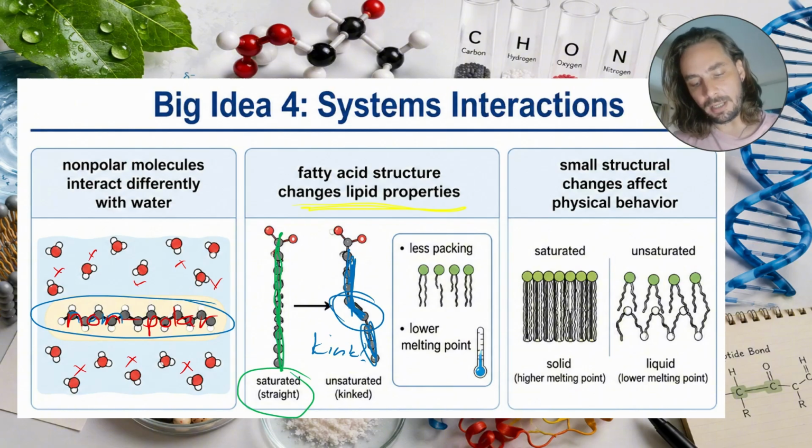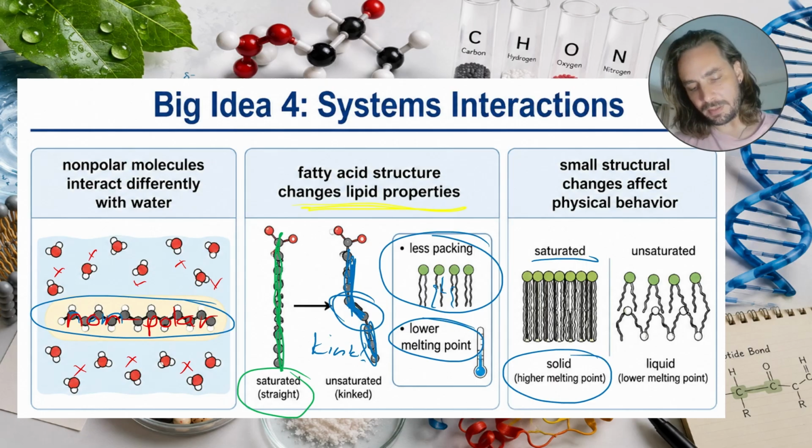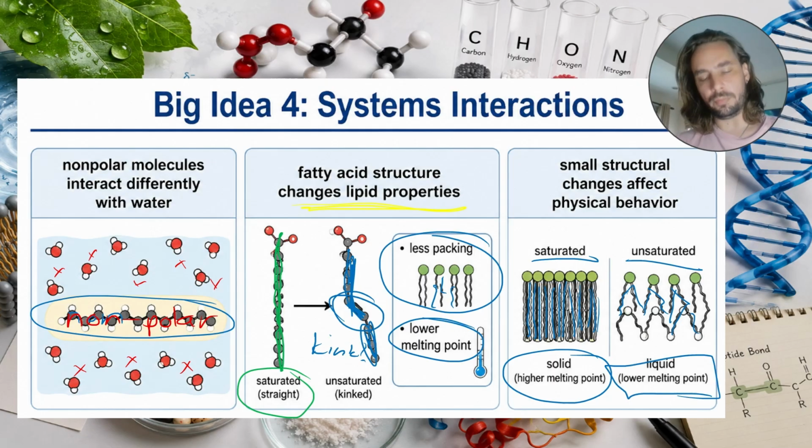If there is a kink, it means that they can't pack as closely together, and it has a lower melting point because of that. So we have saturated. It has a higher melting point because the fatty acids can link very close to each other. And if it's unsaturated, there is some space between the fatty acids, meaning that it has a lower melting point. So it's a small structural change that affects a physical behavior.